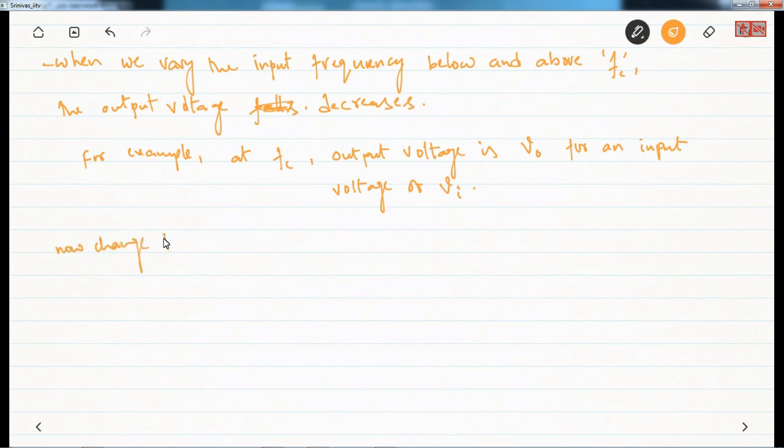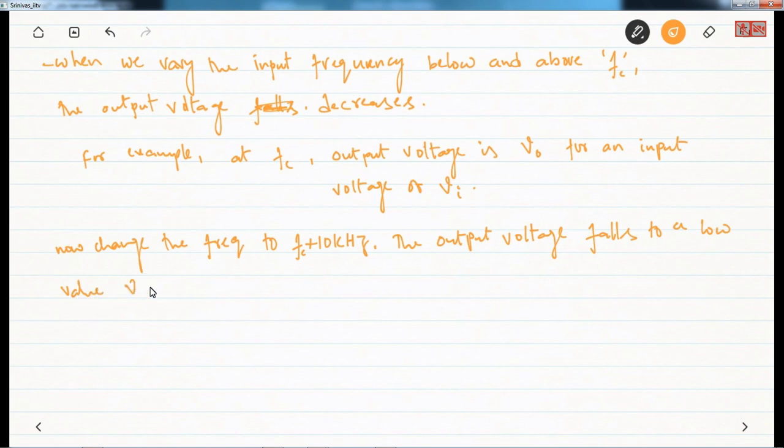Right, now change the input frequency. Now change the frequency to FC plus 10 kilohertz. The output voltage falls to a low value, V naught prime. So the output voltage falls to a low value which is V naught prime.